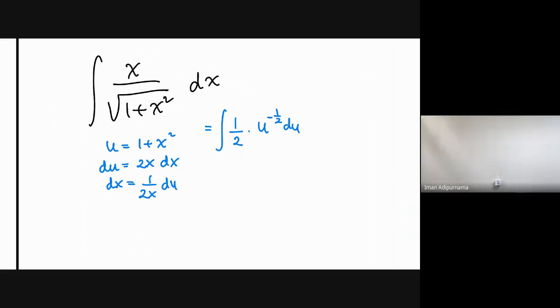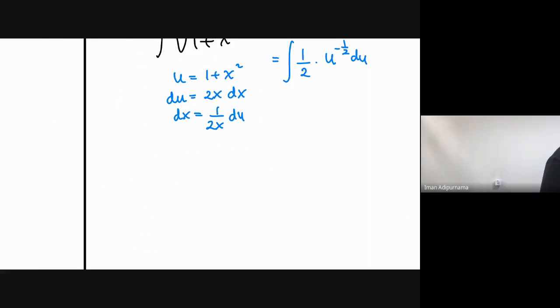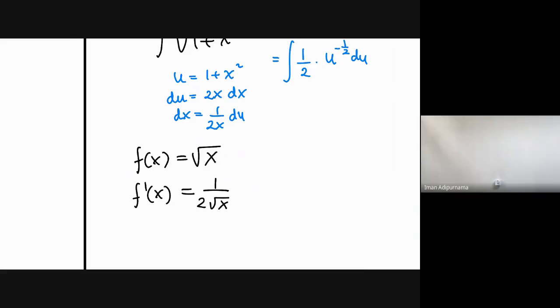Another way to look at these functions. See here. If f of x is the square root of x, what is f prime? It is 1 over 2 root x, right? Agree? It's true. What if this is plus 1?